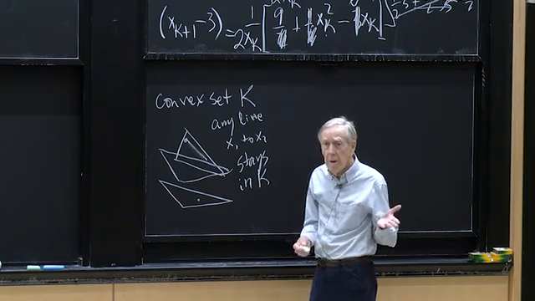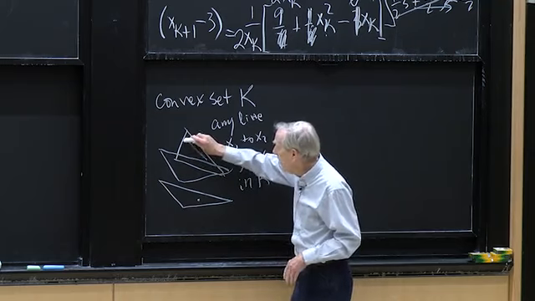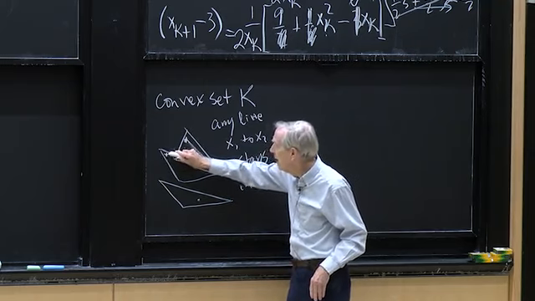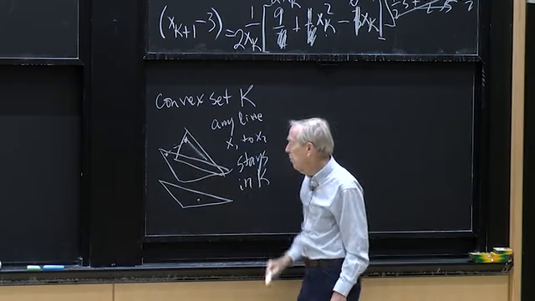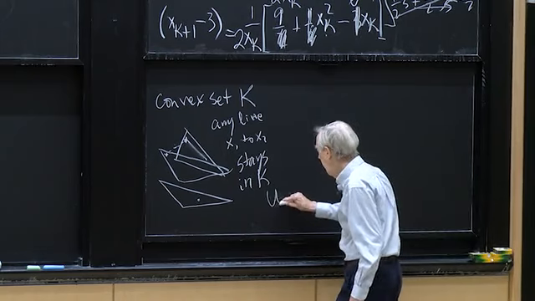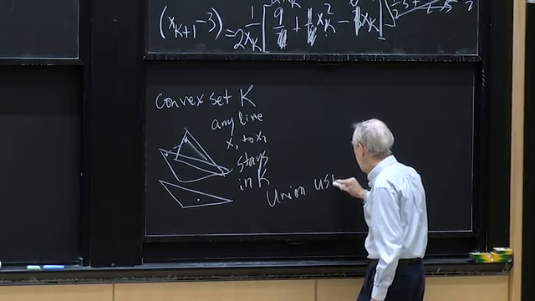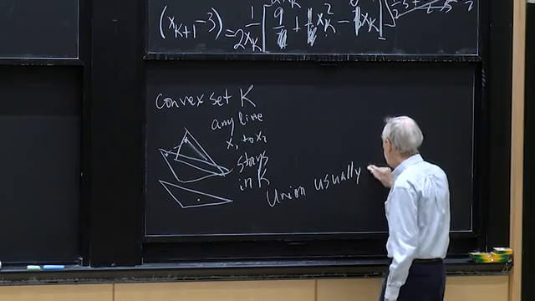You tell me where to pick two points where the line goes out. Well, I take one from that corner and one from that corner, and the line between them goes outside. So the union is usually not convex.